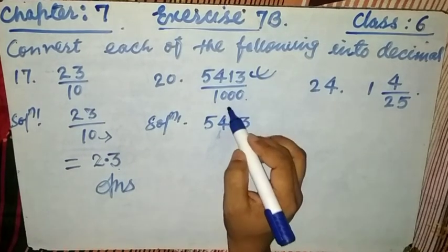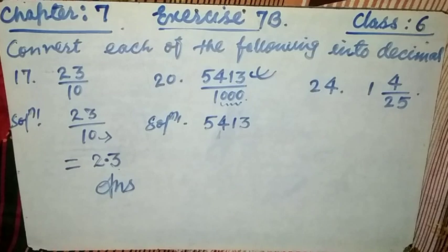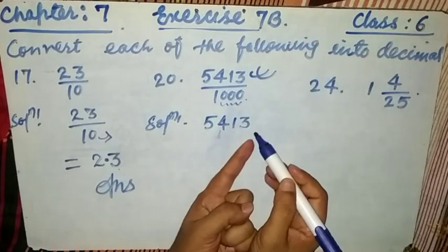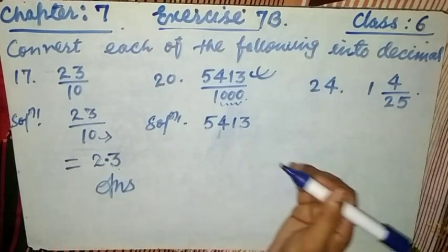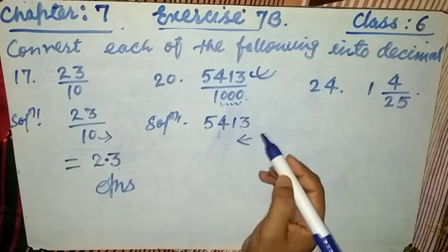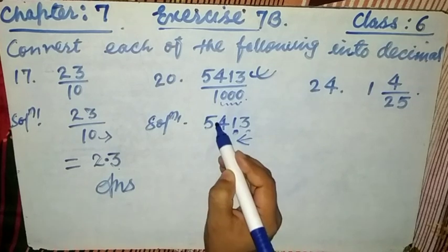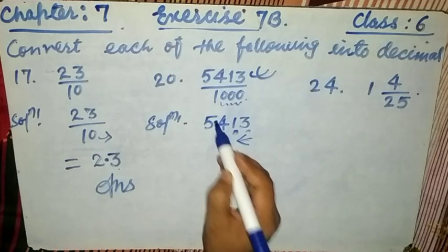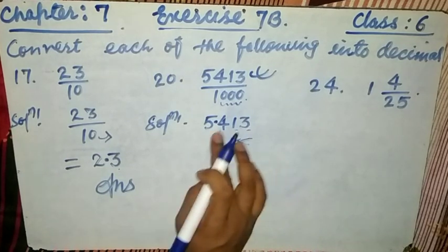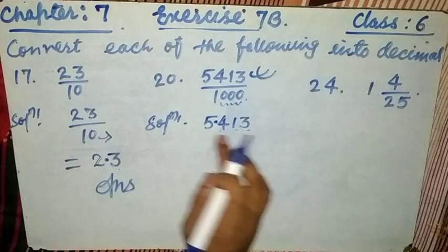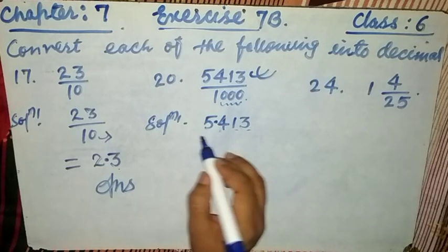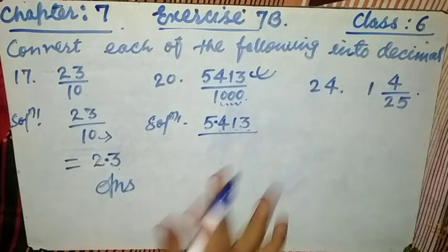Look at how many zeros there are here: 3 zeros means we have to count 3 digits from the right side, from right to left. Here is the 1 digit, 2 digit and 3 digit, and place the decimal after counting 3 digits. Okay, this is your answer.